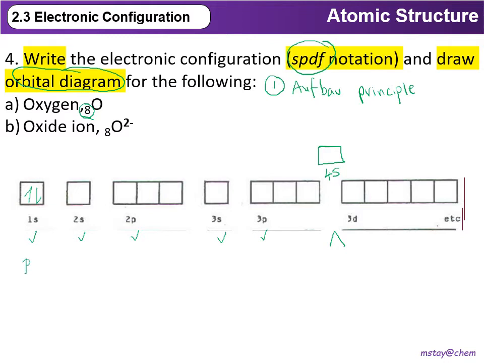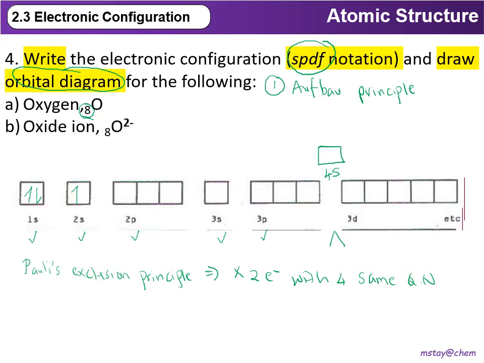We follow the Pauli exclusion principle, because according to Pauli, no two electrons have the same 4 quantum numbers. So in each orbital, each electron has to fill up with a different spin.